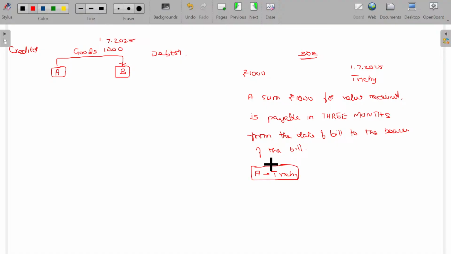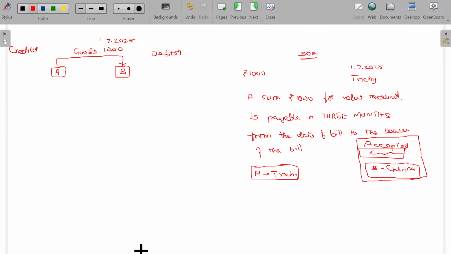Now B, probably in Chennai, accepts and signs here. B's sign will be there. Accepted. Accepted and the sign will be there. Clear?